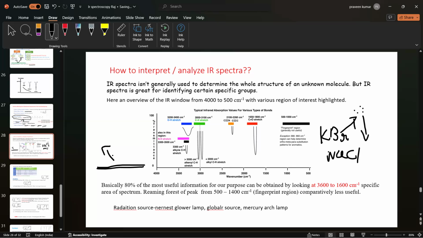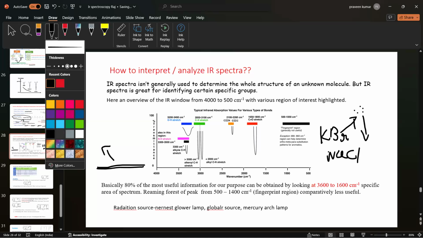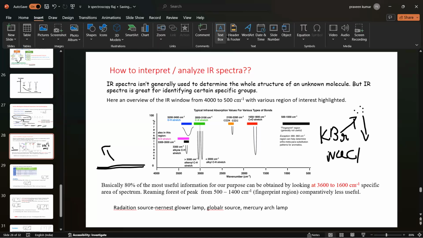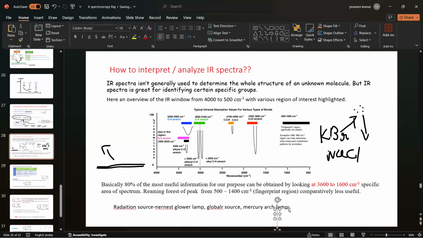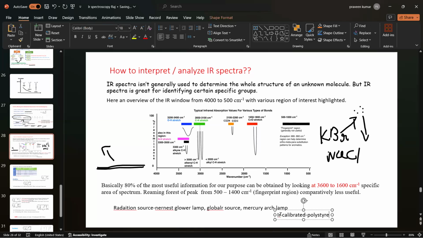The IR is calibrated by using polystyrene or water vapors.